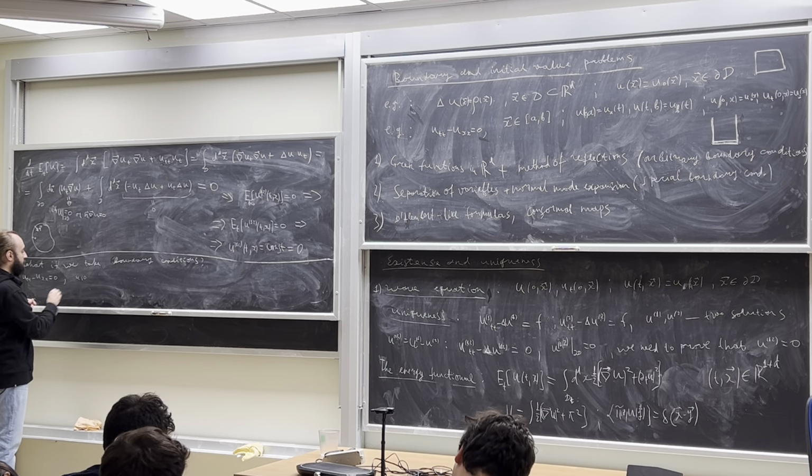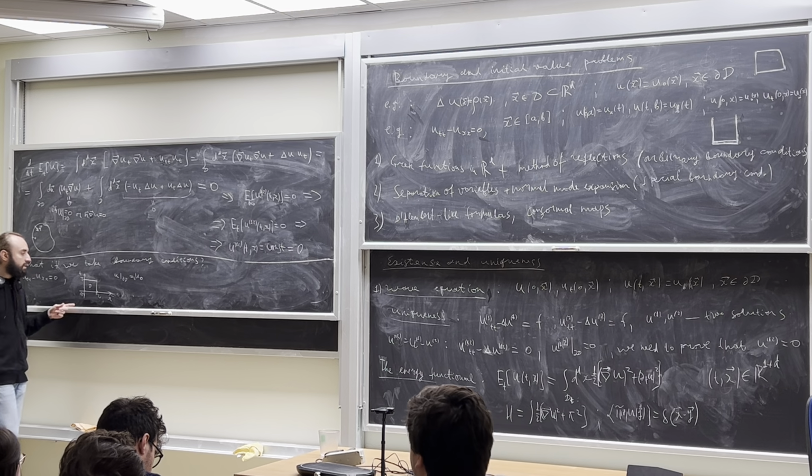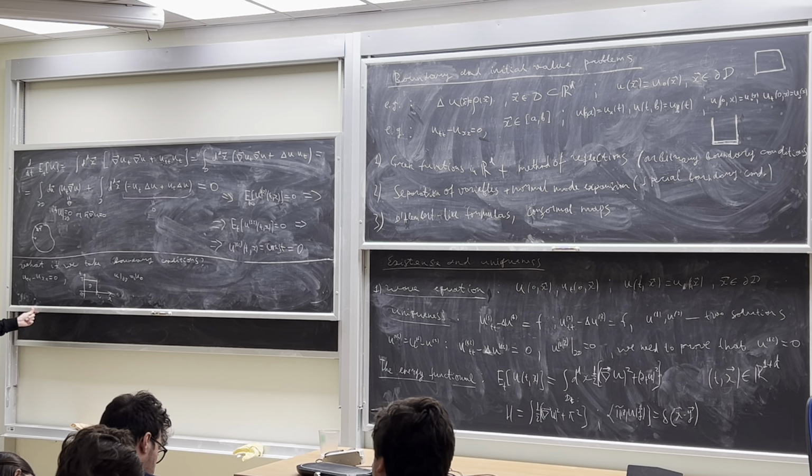Let me just draw some rectangle, or circle. No, better take a rectangle. There's x, there's t, and here 0, 0. Here is L, here is some T. So it is our domain, and we ask u on this boundary to equal some u_0.